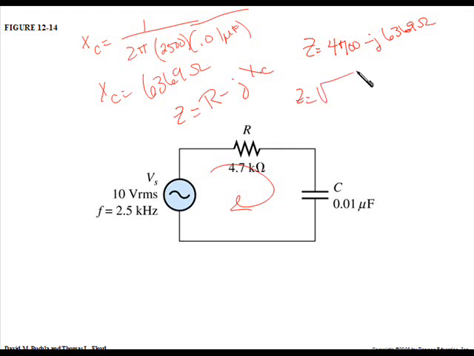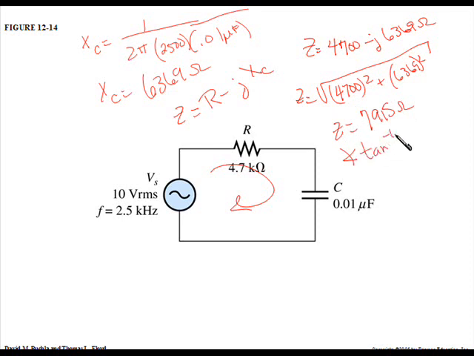If I want to convert this into polar form, I square the 4700, I square the 6369, and take the square root, so 6369 squared plus 4700 squared, square root is 7915 for Z. The angle is inverse tangent of 6369 over 4700.